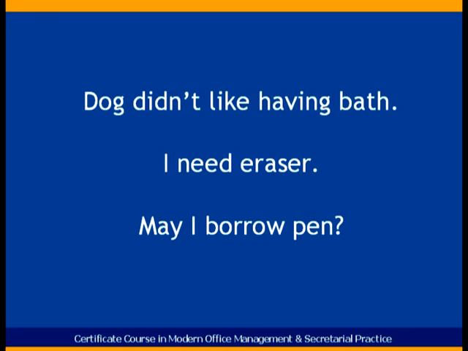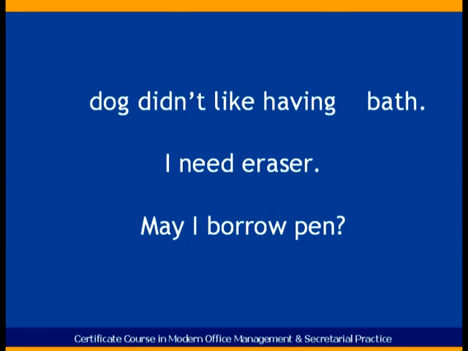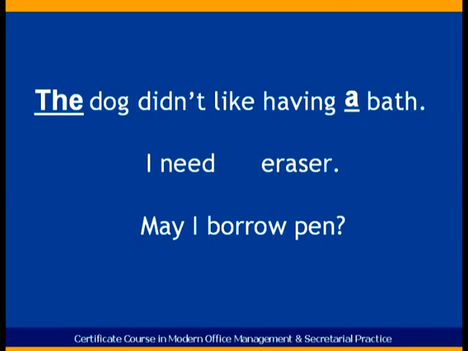Yes, the sentence should be: the dog didn't like having a bath. How about the other two sentences? I need eraser. In this sentence, we will need to insert the word an before the word eraser. Hence, it will read, I need an eraser.